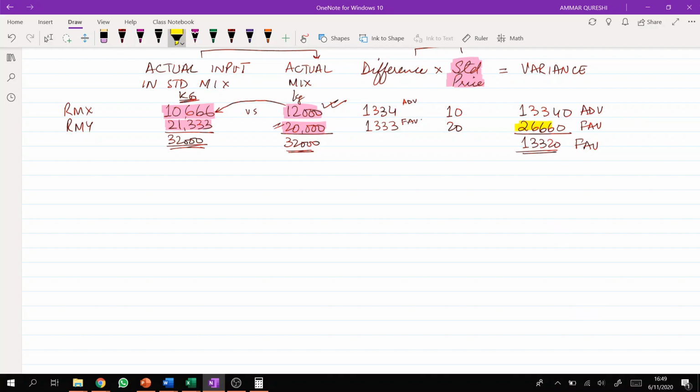That's why we are saying that overall variance is favorable. In case adverse is higher, then the variance will be adverse. Simple. Now this 13,320 is called total mix variance. Total mix variance is 13,320 favorable.